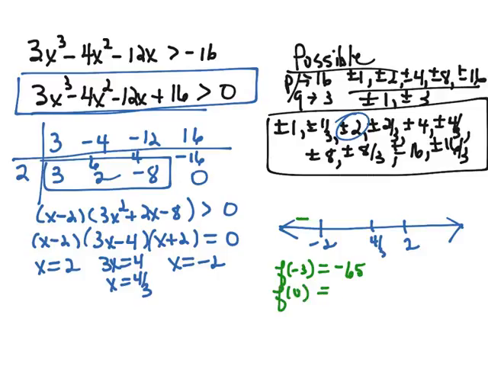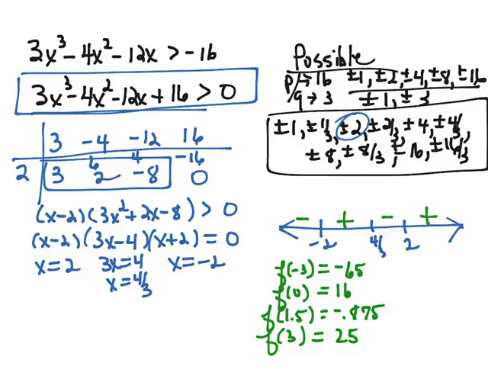We're going to get 16, which is positive. Choose a number in between 4/3 and 2, maybe 1.5. If I plug in 1.5 or 3/2, I get -0.875, so I get a negative value. And then a number greater than 2, say 3, will give us 25, which is positive.